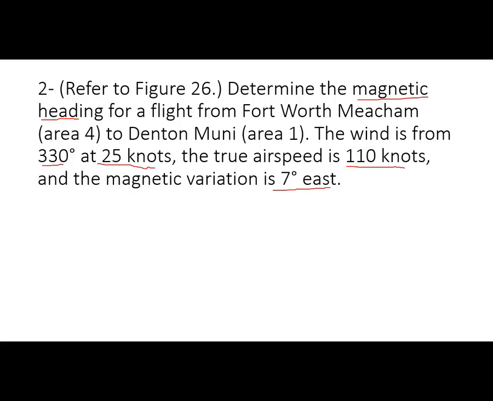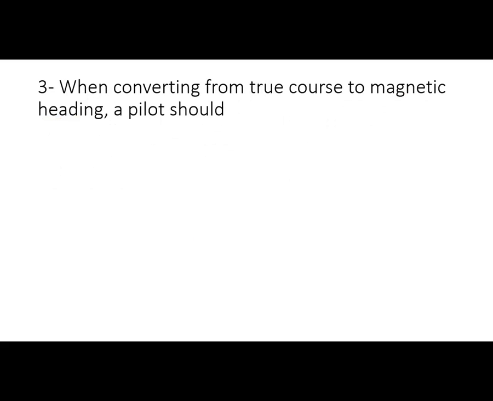So magnetic heading, to answer question 3, when you're converting from true course to magnetic heading, you go from true course, you add in any wind correction angle to get your true heading, and then you add in any variation.